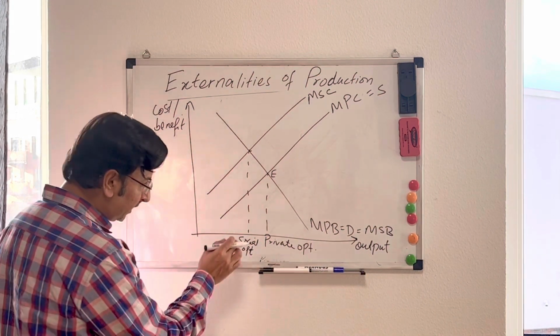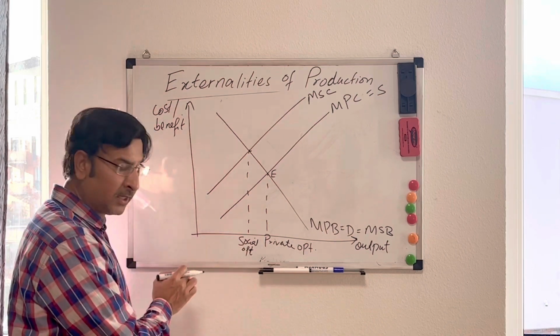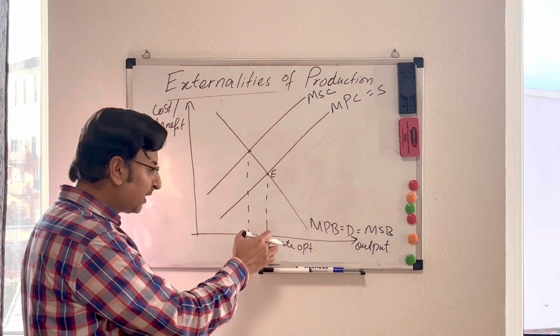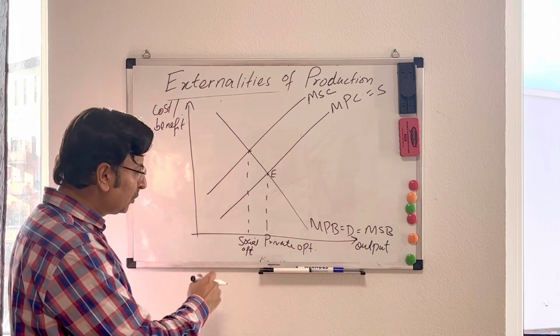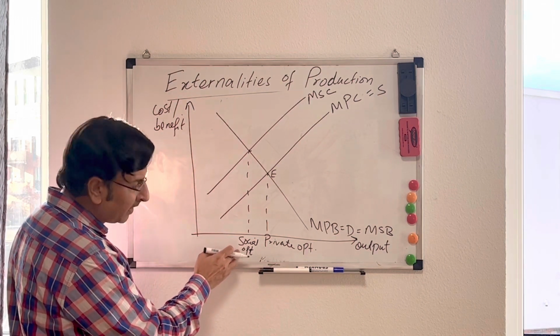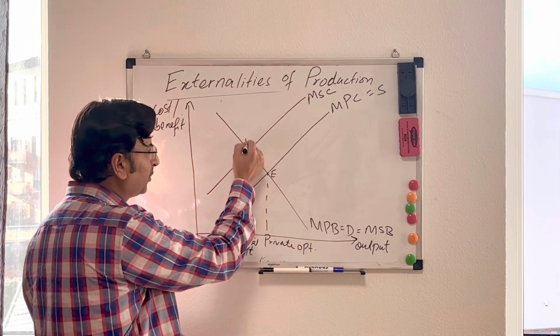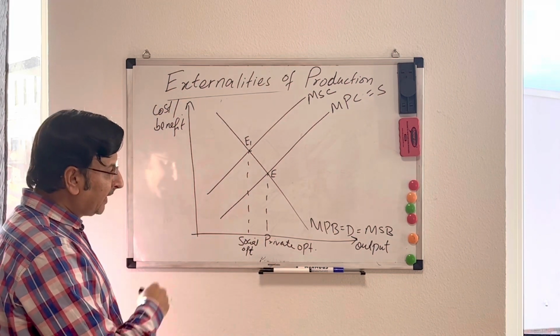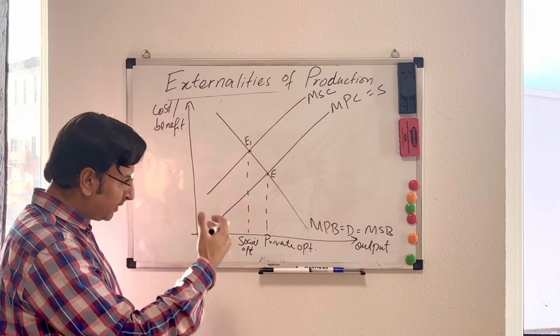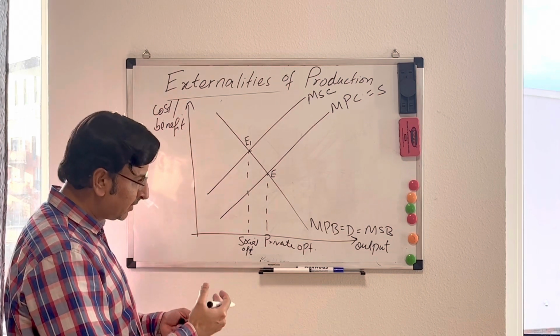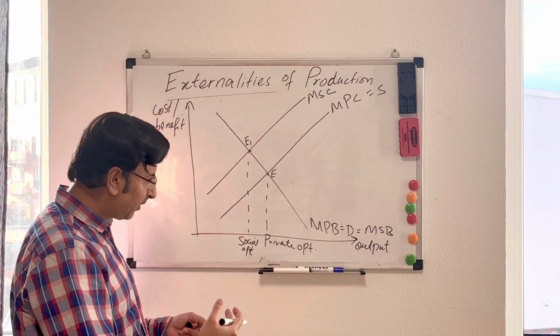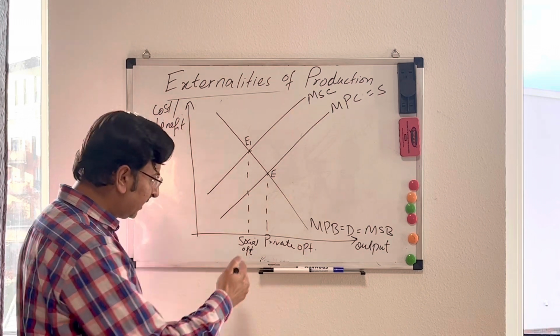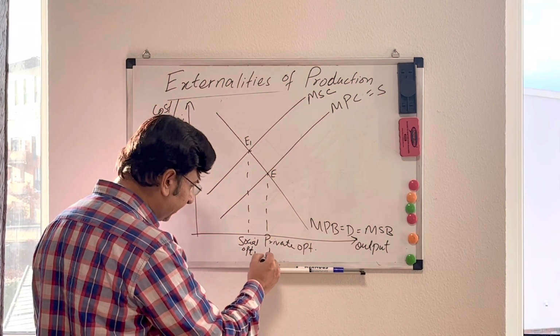And what's the difference? The difference is this is what society wants. This is where the private sector is producing. That means society is better off if this level of output is produced than this one. And this outcome has caused the society to suffer, and this is due to this gap.